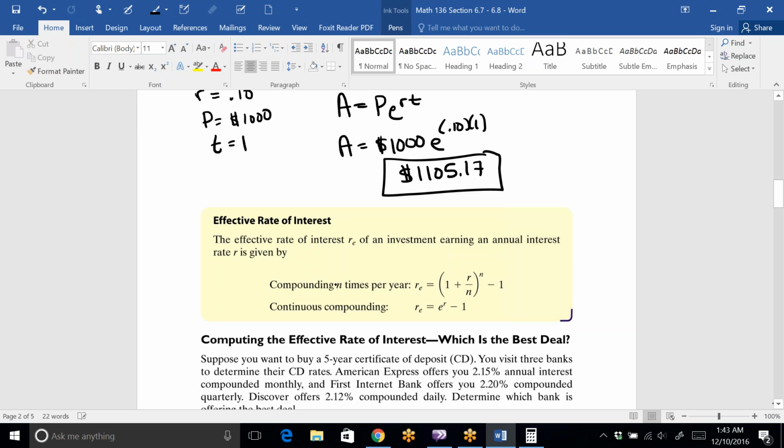So if it's compounding n times per year, and by the way, this is actually a good thing to know for real life, this effective rate tells you what rate in simple interest does the same work that your compound interest is doing.